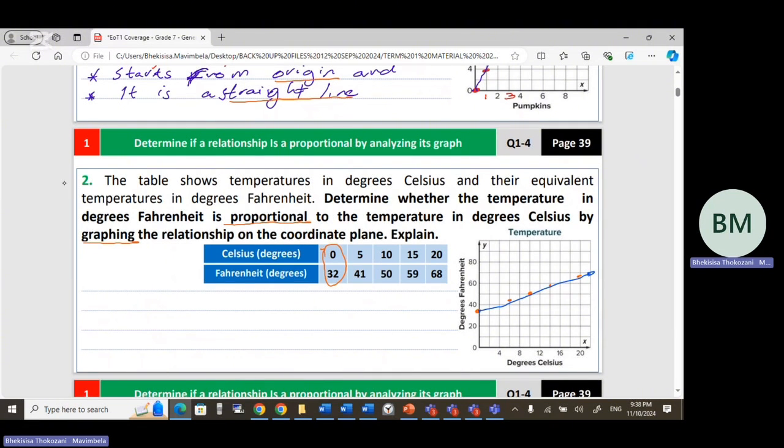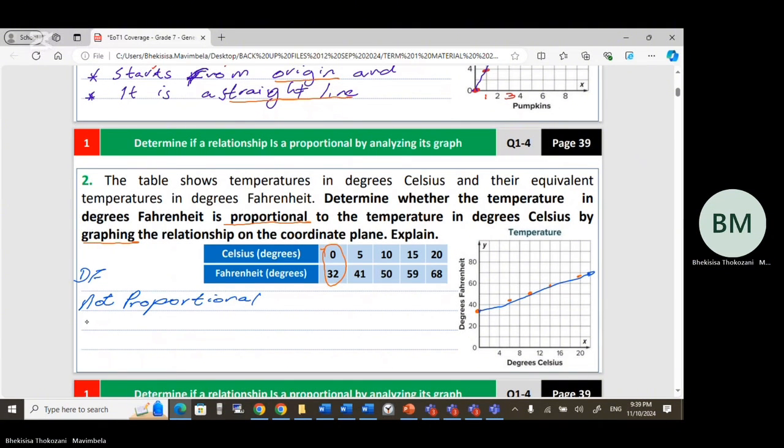Some of you maybe do remember. So you can say here, this is not proportional. Remember, I'm just going to write DF, degrees Fahrenheit. It's not proportional.